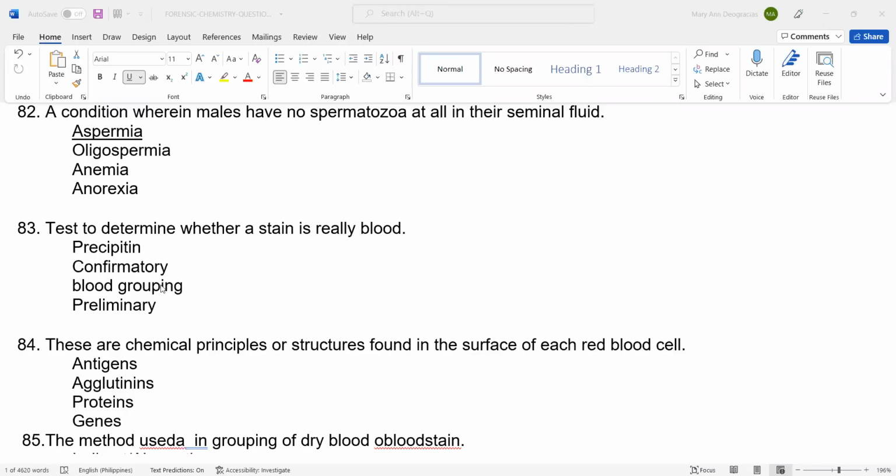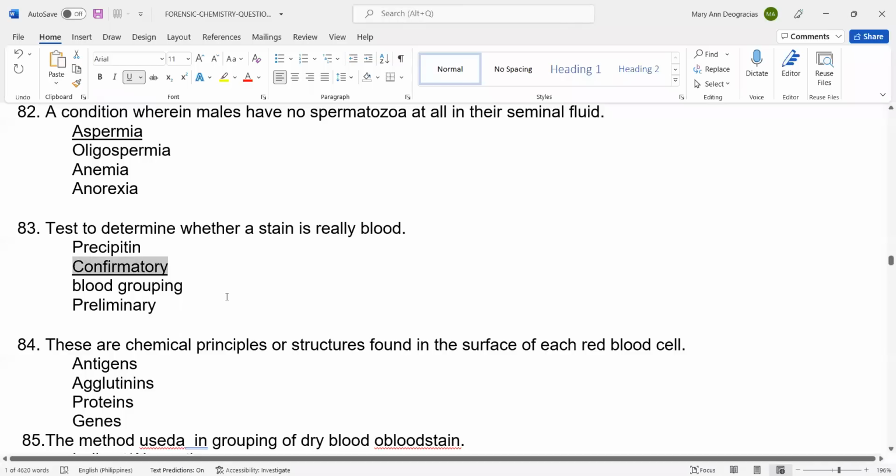It's letter B, confirm. Really blood yan. We have to confirm. Alleged blood yung preliminary natin, ha? Pag alleged blood, preliminary. Pag really blood, confirmatory. I-confirm mo yung sagot. Madilim dito sa amin, kaya nagsara na ako ng microphone.